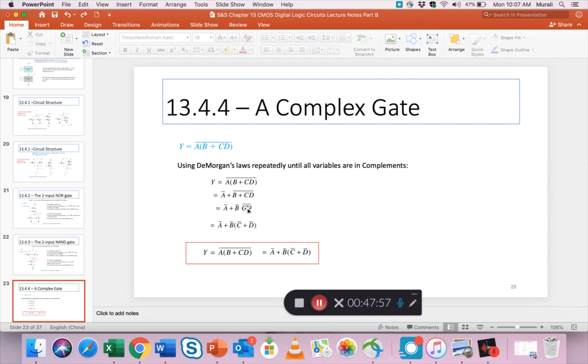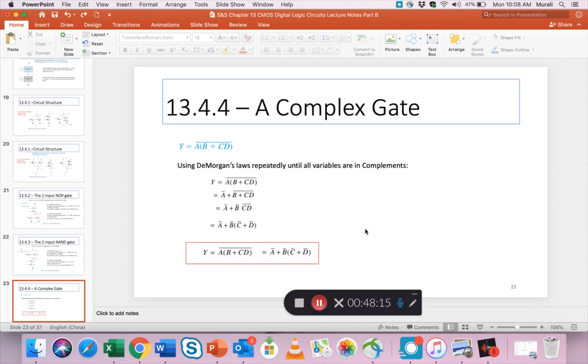Then you take the cd inside, which is an AND, and convert it into an OR. And you can't simplify it anymore without losing the bars. And since you are interested in the bars, this is what it becomes.